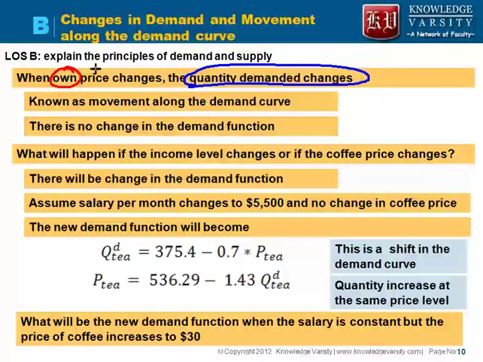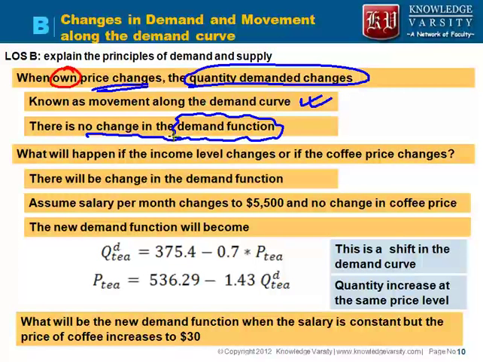Please note that when only the price changes, there are no other changes. Only the price of the product is changing. Then you get a movement along the demand curve. We'll see how the movement is happening. Note that in such cases the demand function remains constant. There is no change in the demand function.